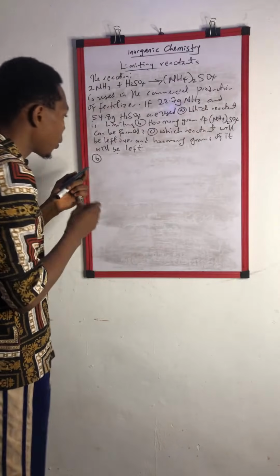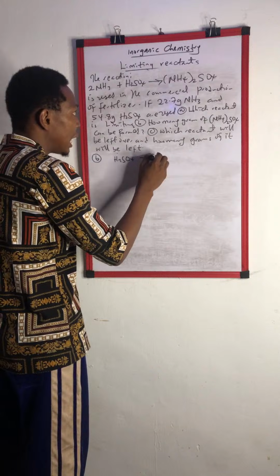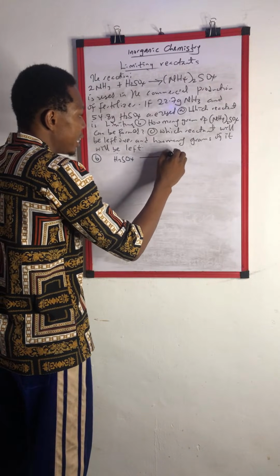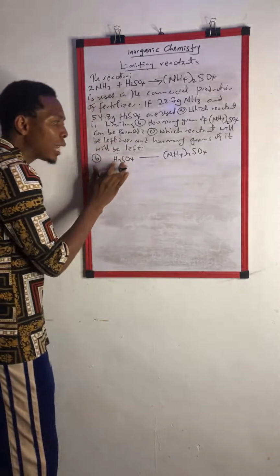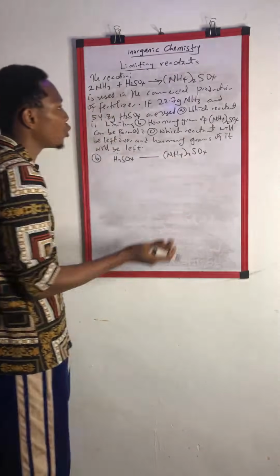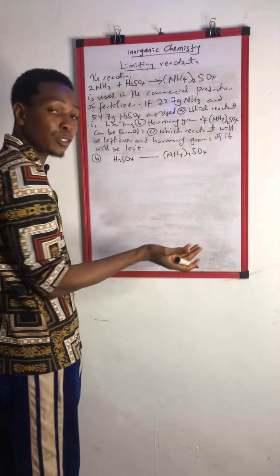So then, we work with H2SO4 and (NH4)2SO4. You look for the molar mass for this. You were given the mass for this, but we were not given the mass for this.